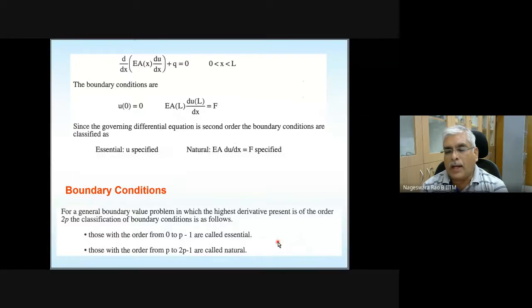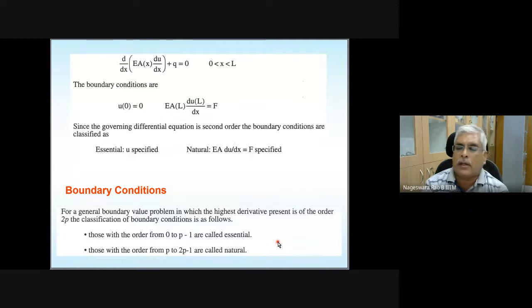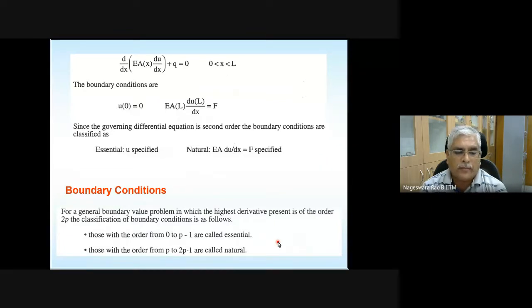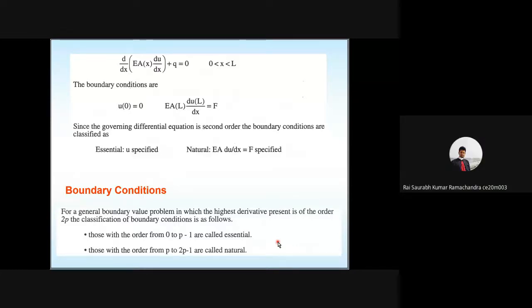And if you recall from your mechanics of material background or structural analysis background, can you tell me what is the order of the differential equation for a beam bending problem? For a beam bending problem, what is the order of differential equation that you get? Anyone? So fourth order. Fourth order.